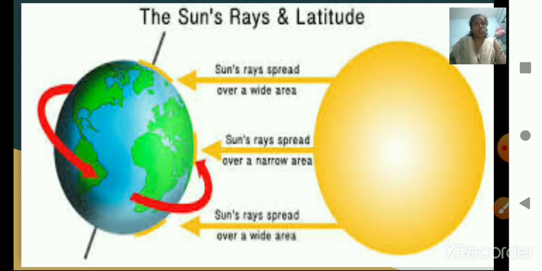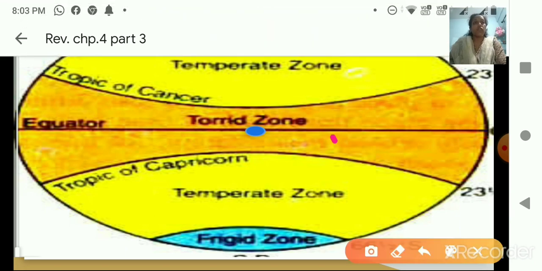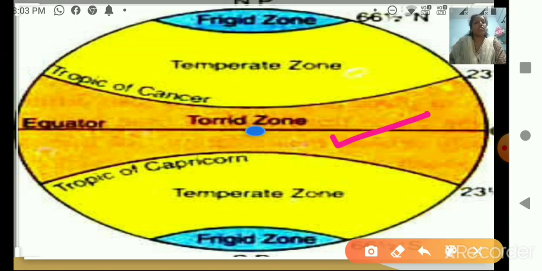Depending on the amount of heat received, there are 3 climatic zones on the earth. Let us see one by one. First one here we have is torrid zone.